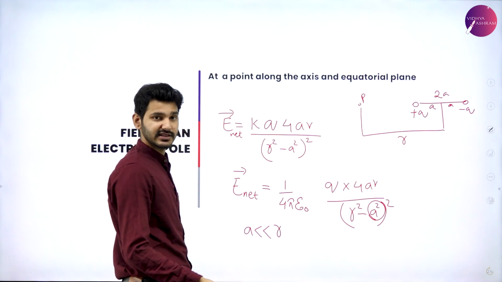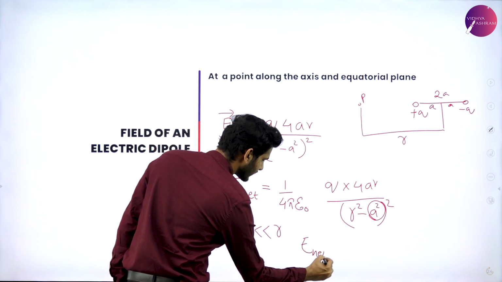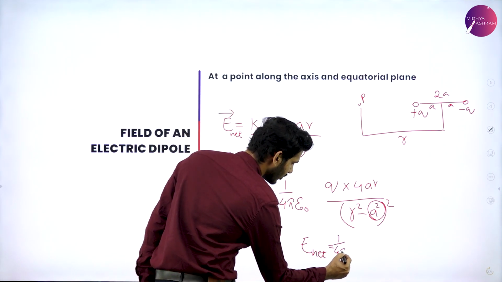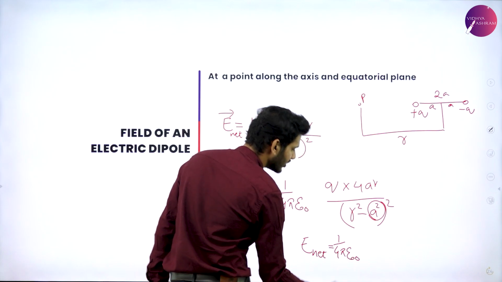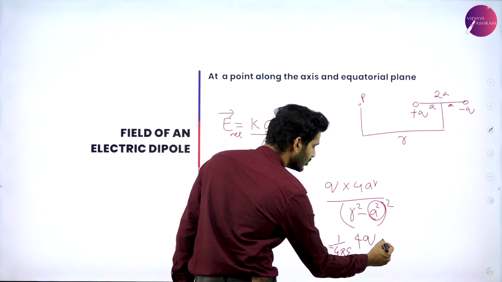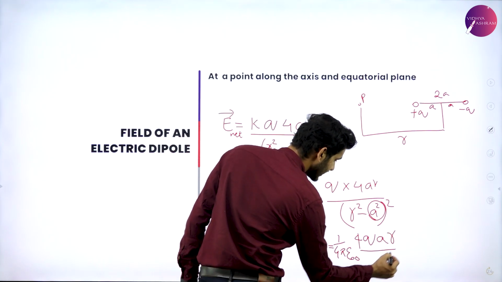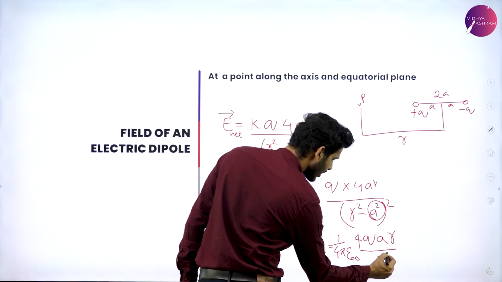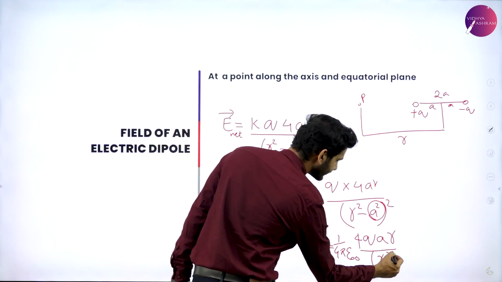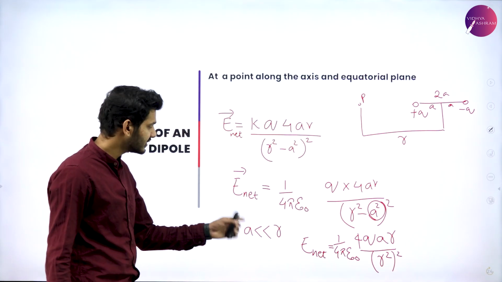Then we can rewrite this equation as E net is equal to 1 by 4 pi epsilon naught, or simply K, into 4QAR divided by (R square) the whole square.